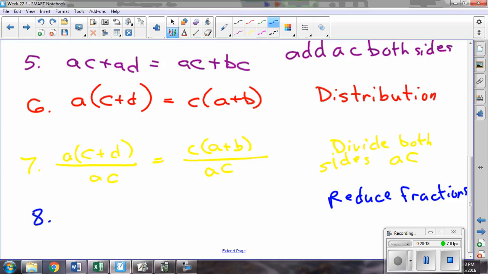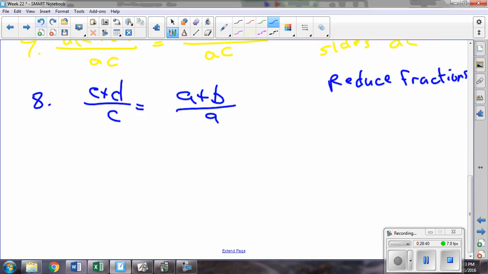What cancels? C will cancel with C, A will cancel with A, and we are left with the proportions C plus D over C equals A plus B over A, which is, of course, the exact same proportions that we began with back in the beginning.